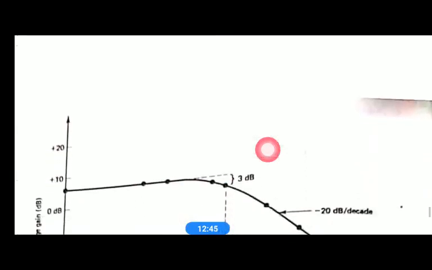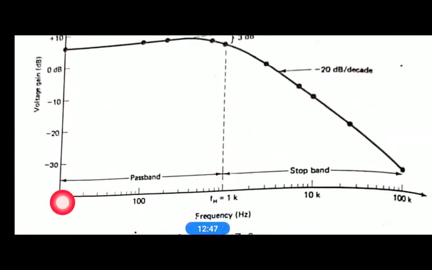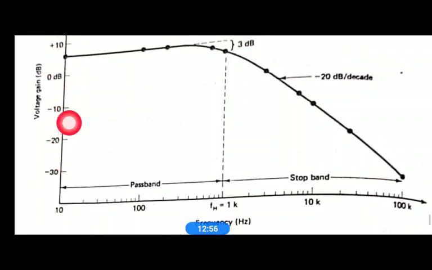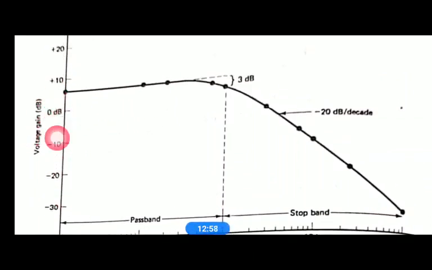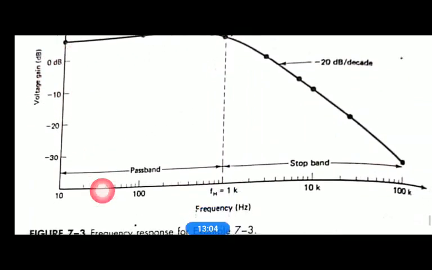So using different frequencies, by varying the frequency from 10 Hz to 10 kilohertz, we calculate the value of gain, shown here on the axis in terms of decibels. After calculating the value in decibels, we draw the point for 10 hertz.